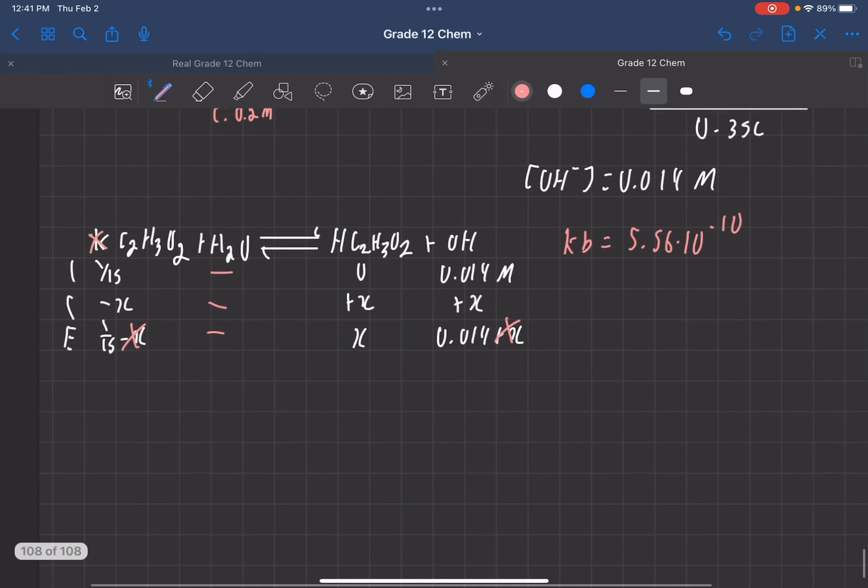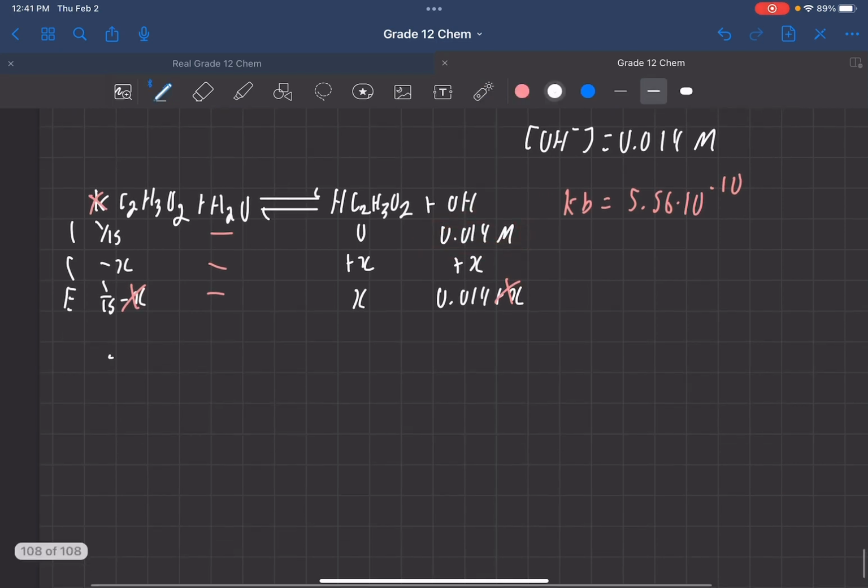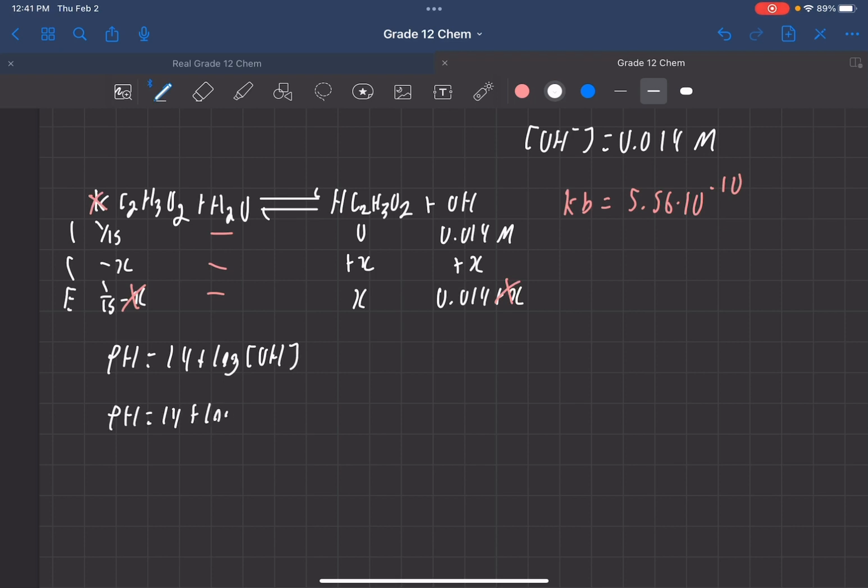So now all we're left to do is find the pH using the concentration of this hydroxide. And that's pretty simple. So pH, as we established before, equals 14 plus log of the hydroxide. pH equals 14 plus log of 0.014, and we end up getting a pH of 12.15.